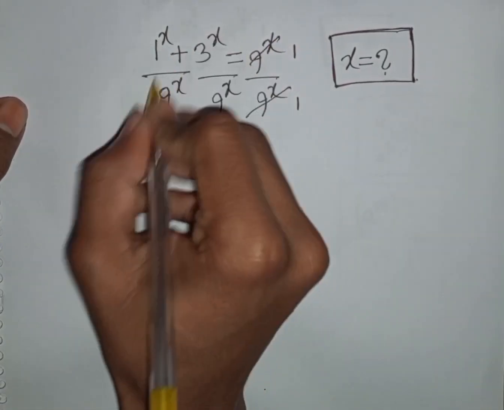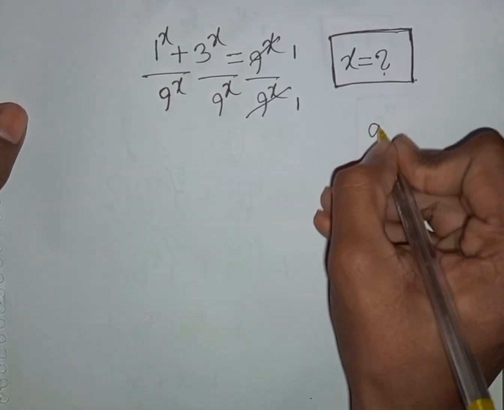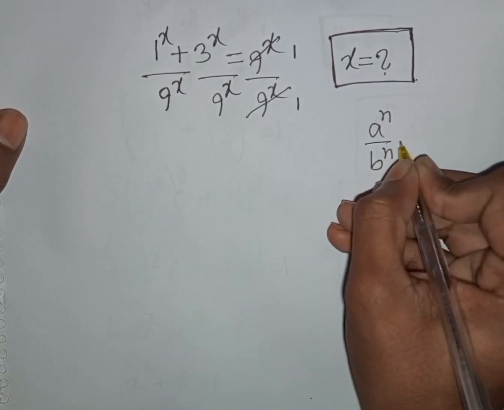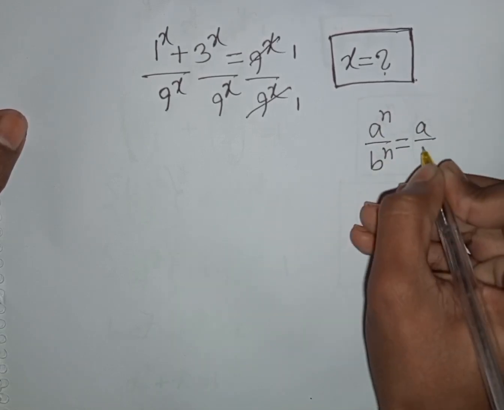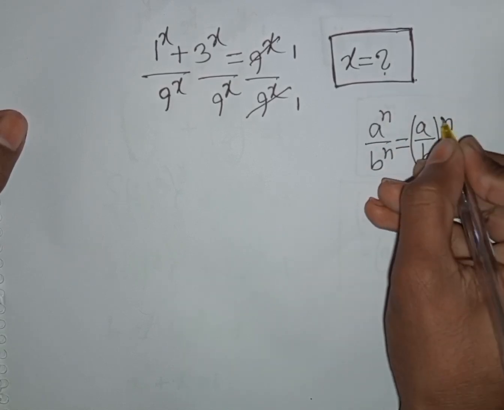Now from here we see x is the same power but different base. So according to this formula, a power n over b power n is equal to a over b, then bracket common power n.